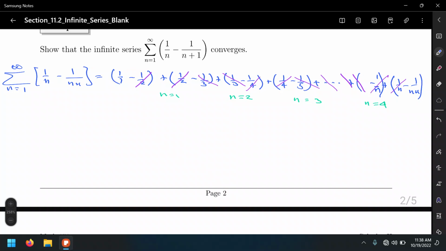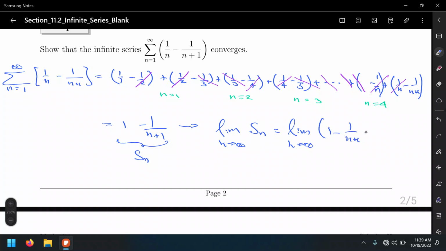So this is 1 minus 1 over n plus 1, and if we compute this infinite sum, S of n as n approaches infinity, that's the limit as n approaches infinity of 1 minus 1 over n plus 1.